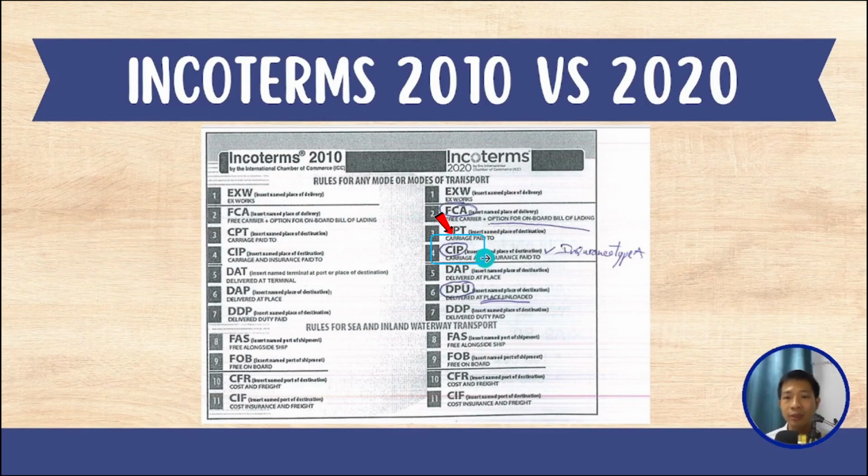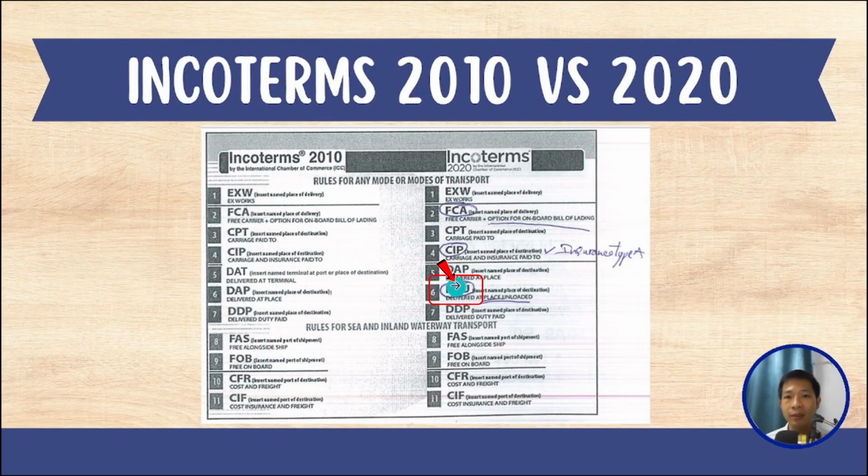In Incoterms 2010, CIP was merely a requirement for the seller to purchase freight under the C terms. However, in Incoterms 2020, it requires the seller to purchase insurance under the A terms, meaning all risks, which is more comprehensive. The insurance clause is broader compared to Incoterms 2010.